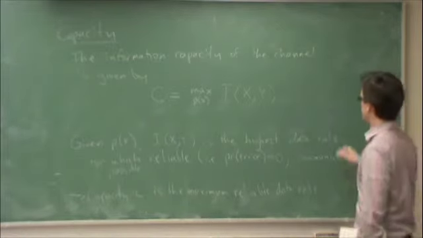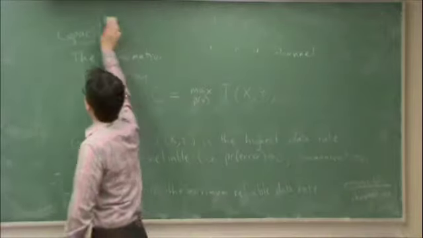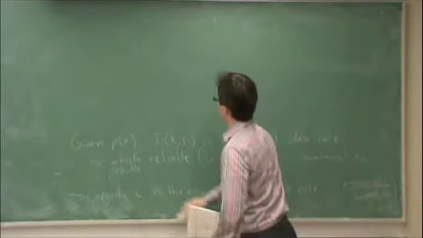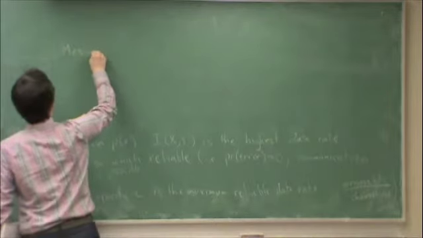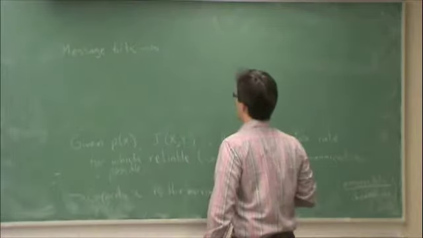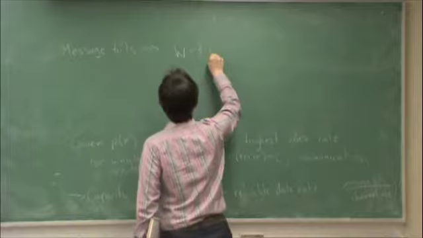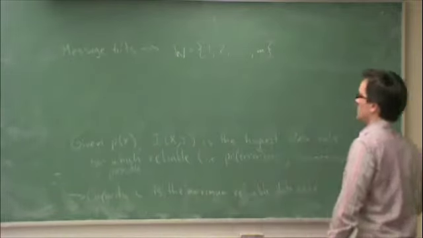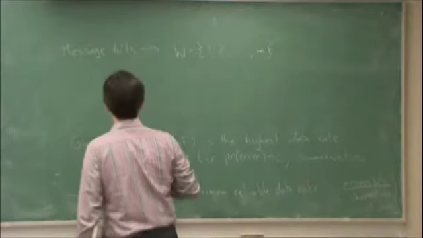Message bits, what is that? Let's think about that. Message bits are, well, we have this set of messages W. So the number of bits in the message is basically the entropy of the message generating process.